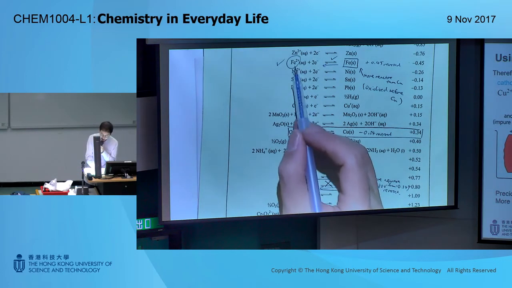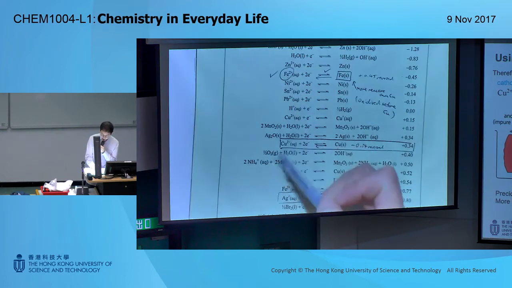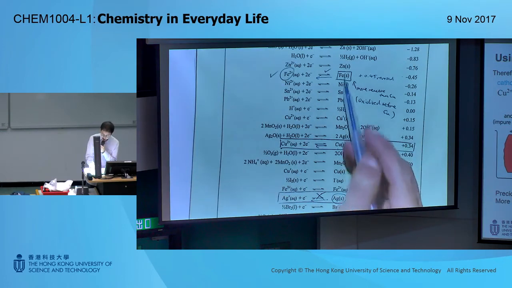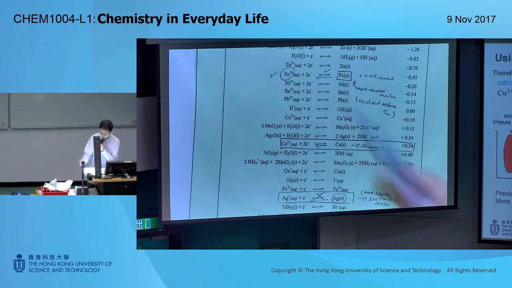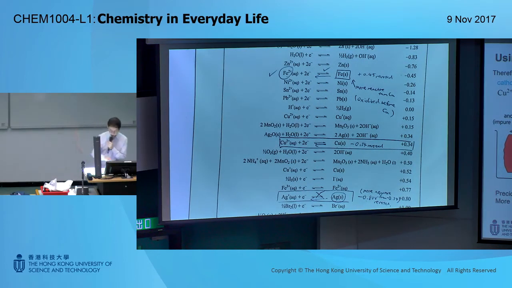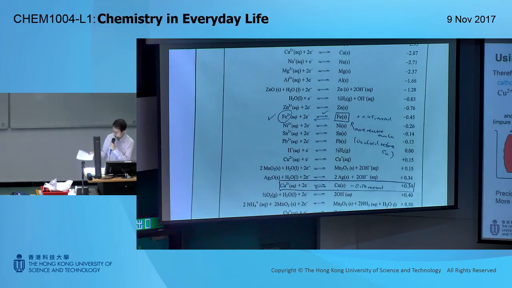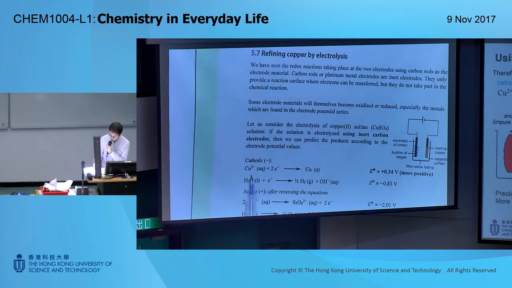So how about the iron 2 plus or other impurities more reactive than copper? All of these, lead and tin and zinc, would dissolve in the bath. Would they become plated onto the copper? So we have to consider the other side, which is the production of copper, so the cathode.